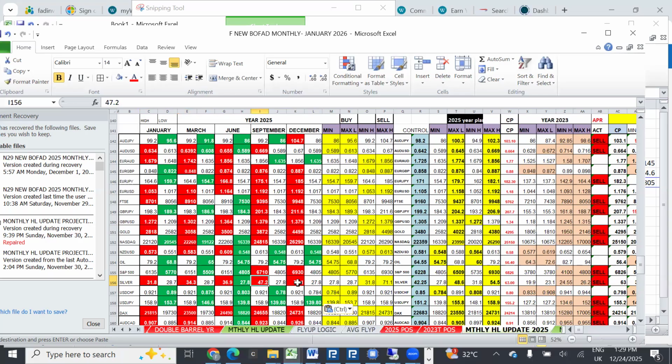And in December, it's currently at 71.1, but today is 72.6. So this is a massive move from 47.2 in September to about 72.7 in December 2025. Just three months apart, and the move is crazy.